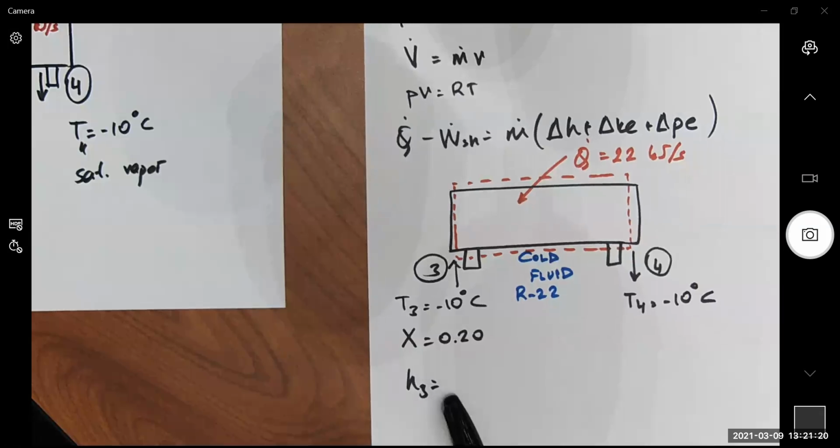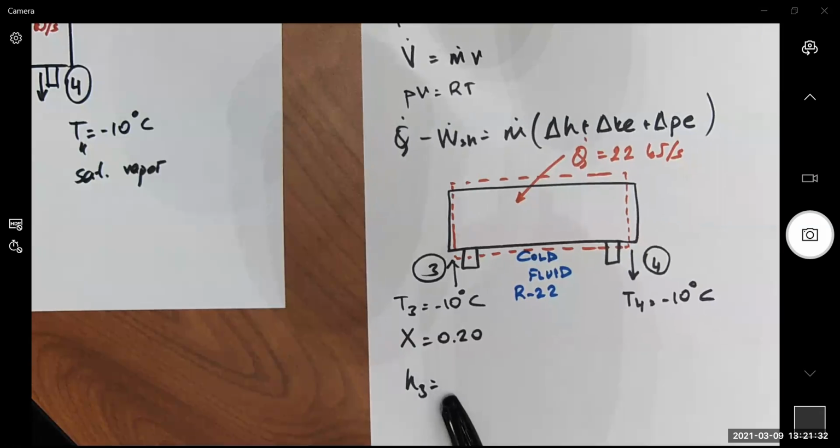Now, quality formula. I have a quality factor. What does it mean? It means it's in saturated equilibrium, under the saturation curve. So I have a mixture.